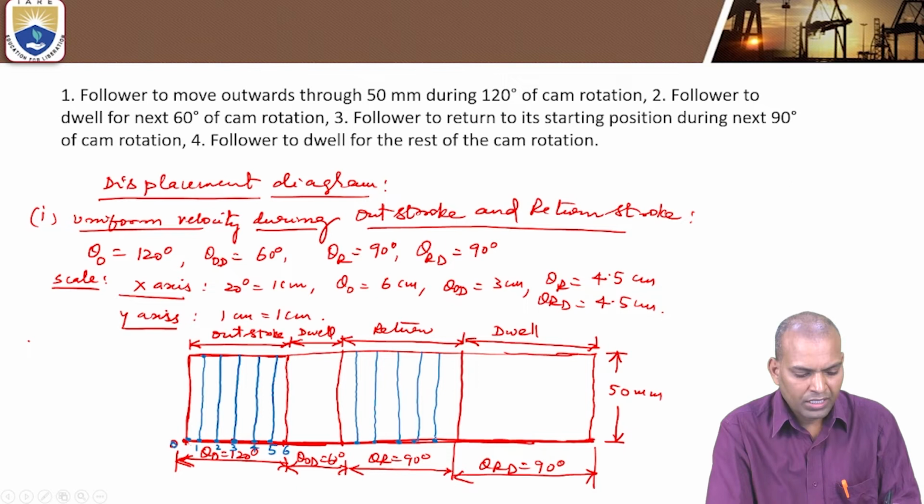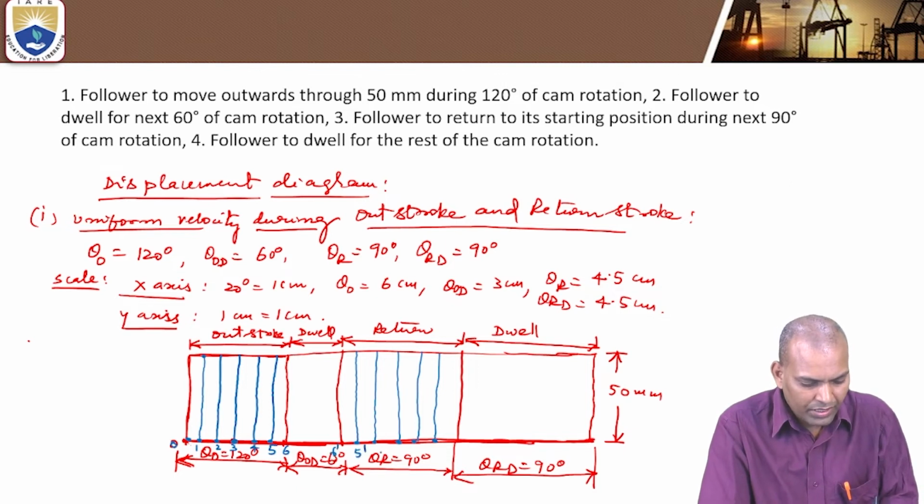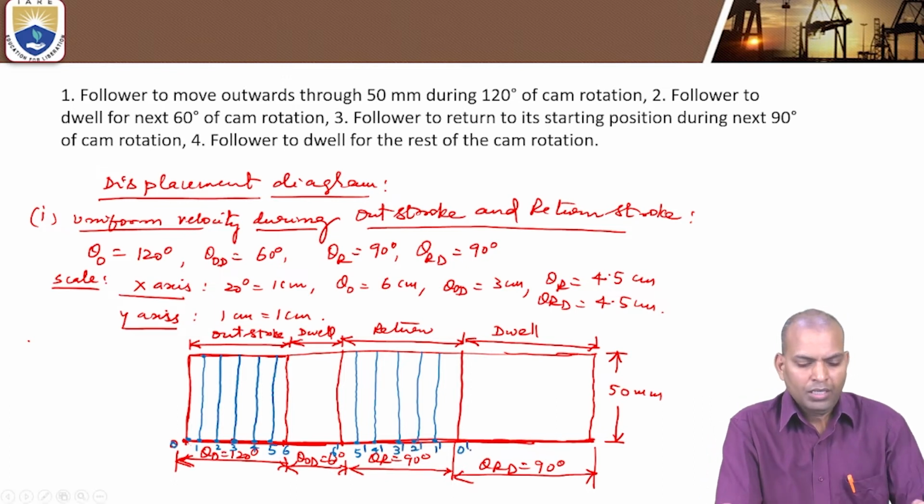Now mark this with the same numbers: 6 dash, 5 dash, 4 dash, 3 dash, 2 dash, 1 dash, 0 dash.